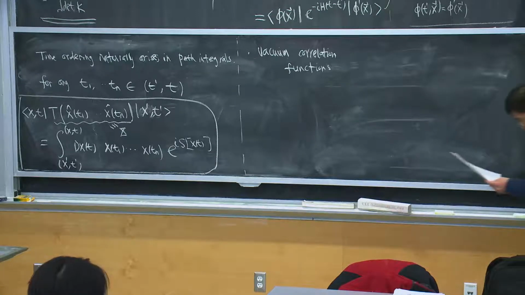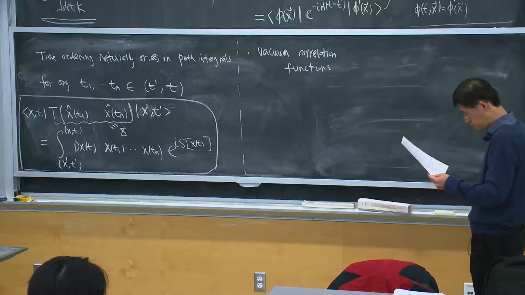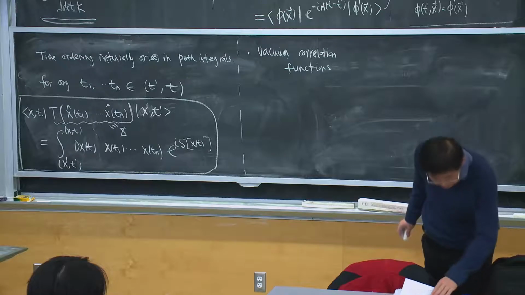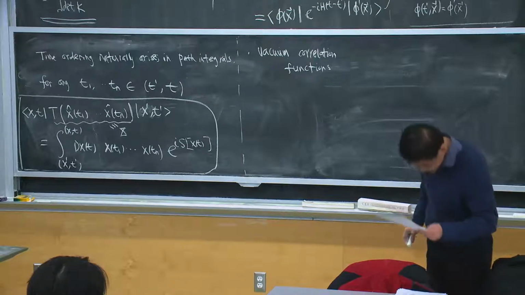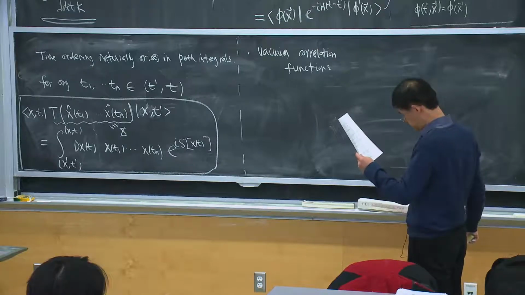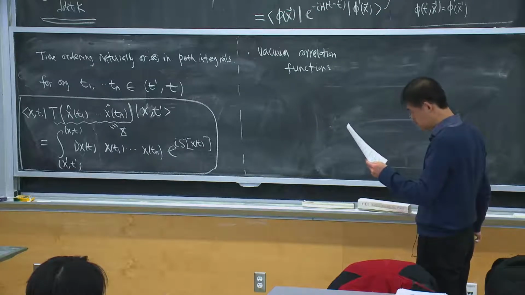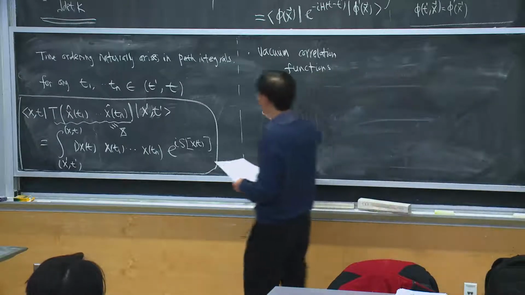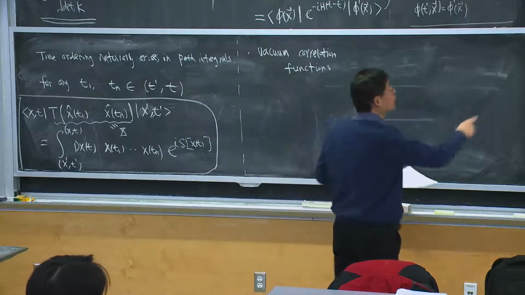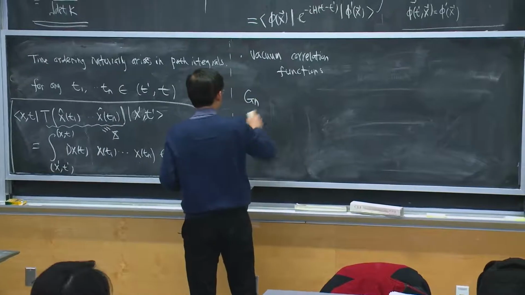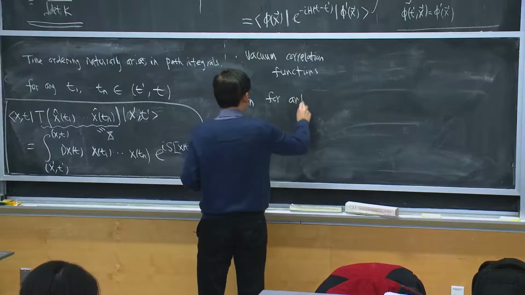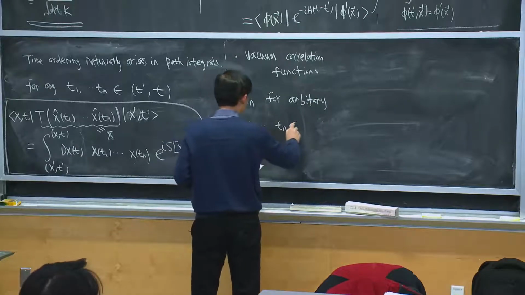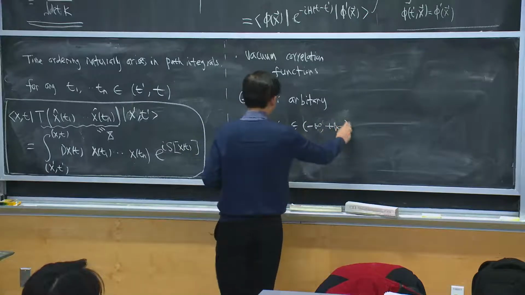We are interested in Gn for arbitrary t1, ..., tn belonging to minus infinity to plus infinity.